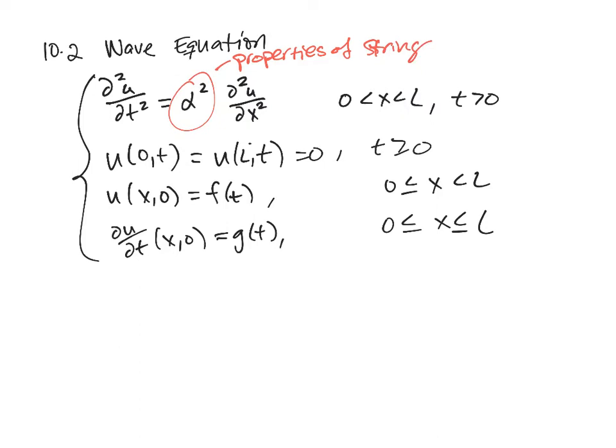The boundary conditions at 0 and L are the ends of the string basically being held fixed.